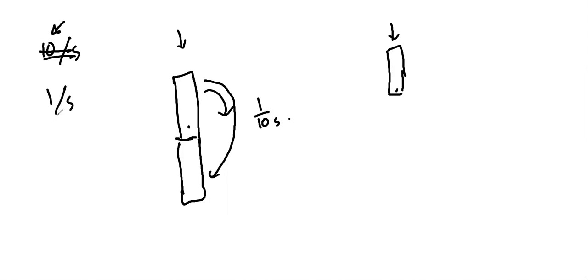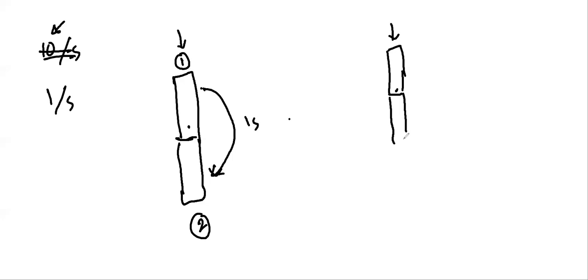In 1 second the camera actually takes an image. So from point number 1 to point number 2, it moves and it takes 1 second, and it takes the second image and it looks like this. After 1 second, it will be there and it will look like this.